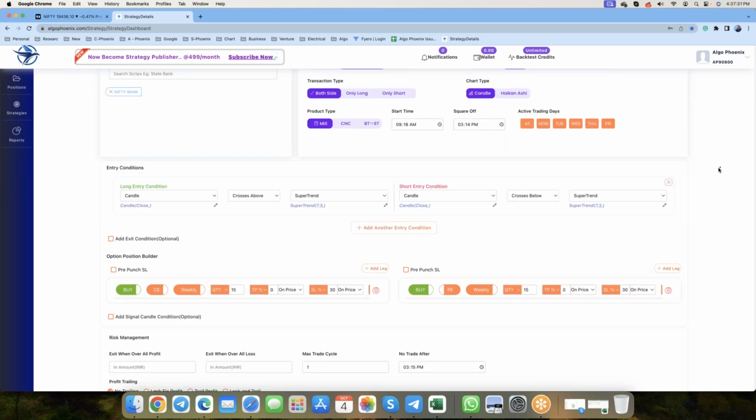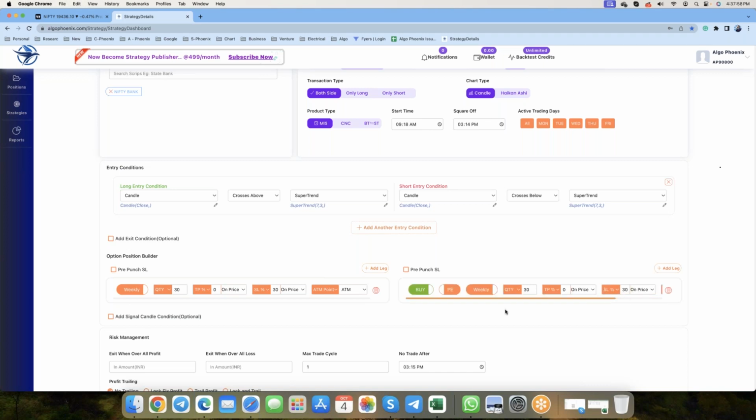And from this condition, I'll say buy call option, maybe 2 lots of BankNifty, and I'll keep the stop loss as 30 points, with ATM as the call option, and the put option also ATM.